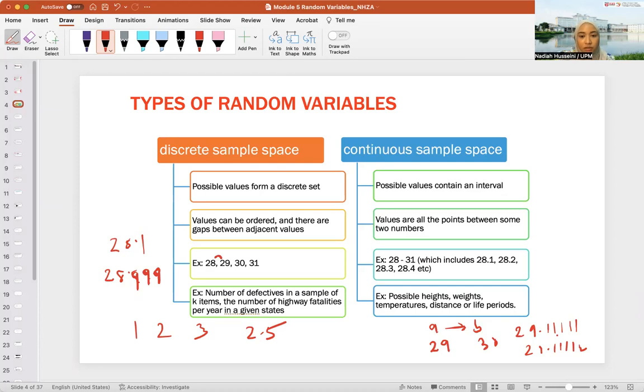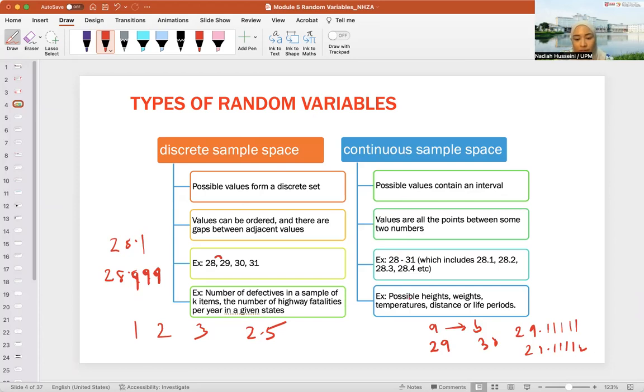That's tough, which is why we go with the discrete sample space first. In a continuous sample space there's no gap; the values are all the points between two numbers. For example, the interval 28 to 31 includes 28.1, 28.2, 28.3, 28.5, 28.9999, 29.999.